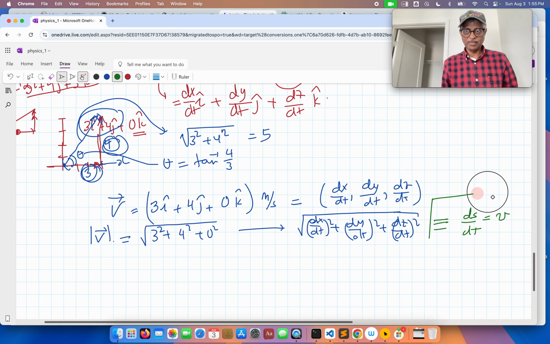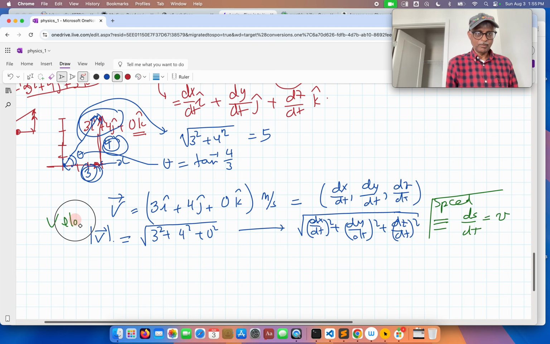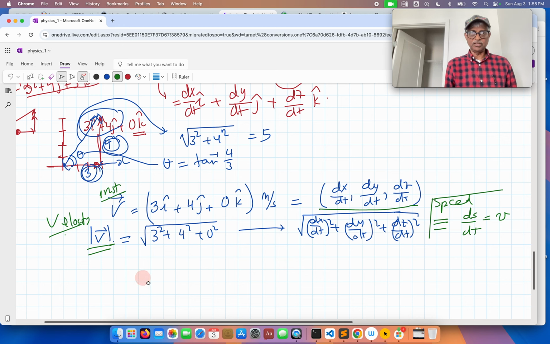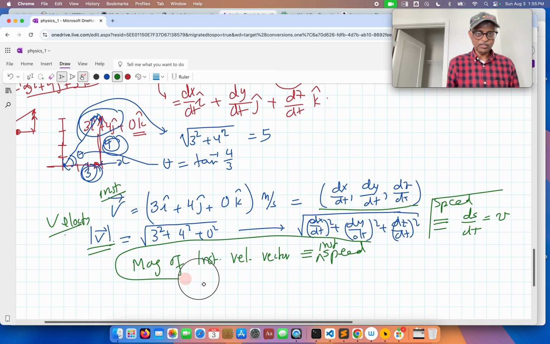So this is a velocity-related concept, but the magnitude of velocity is the same as the speed. We may have a velocity as a vector, but its magnitude is the instantaneous speed, not the average one. These are the same quantity, okay?